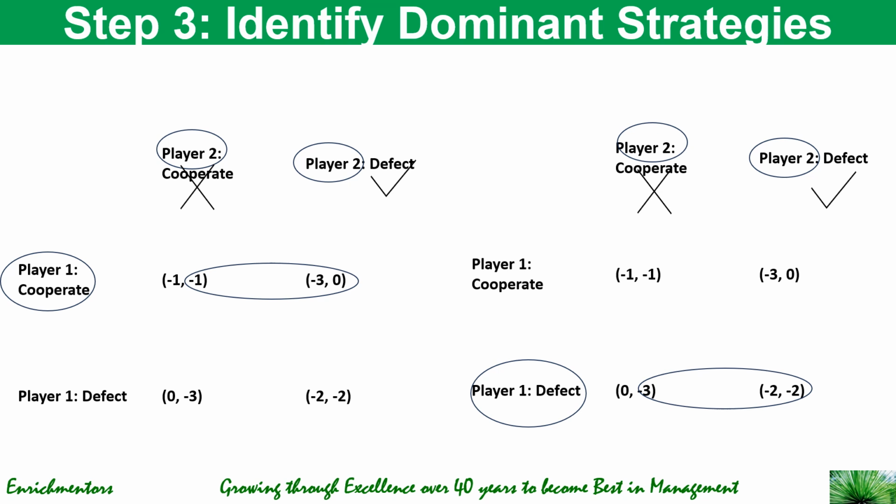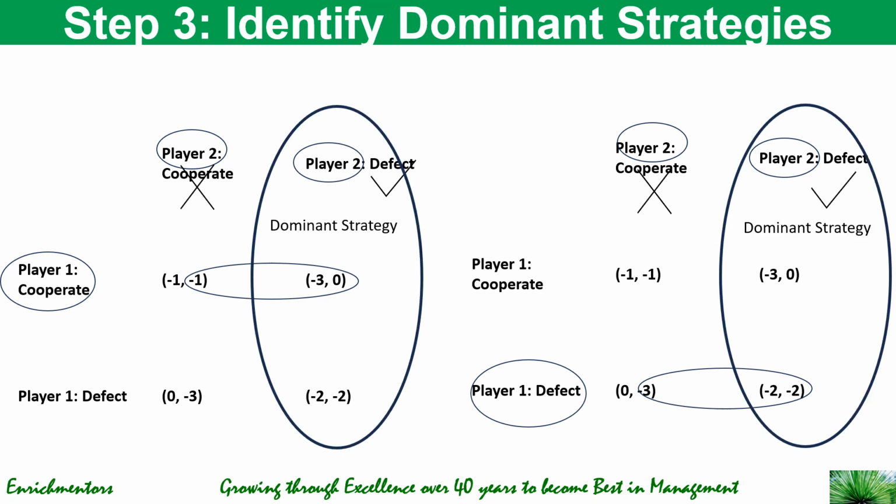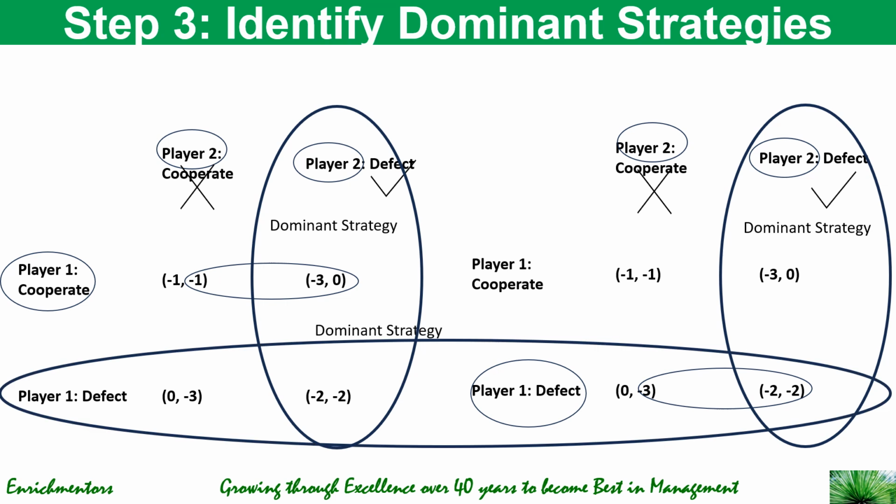In any case, whether player 1 cooperates or defects, player 2 will always defect, because that's how the payoffs are set up. So player 2 again has a dominant strategy, and in this example both players have a dominant strategy of defecting.